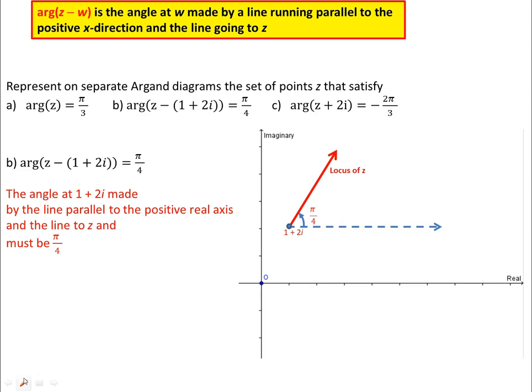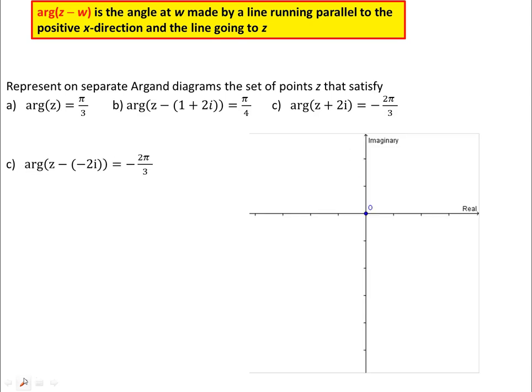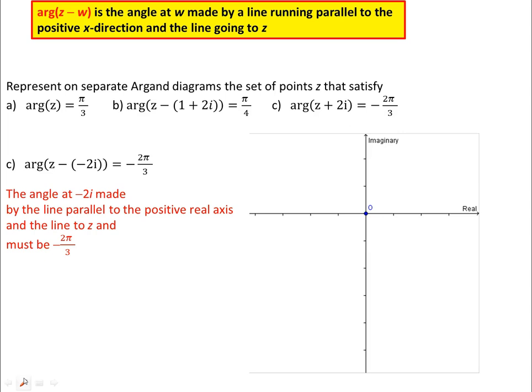And for the third example, we've got the argument of z plus 2i must be minus 2 pi by 3. Then we start by saying that means that the angle at minus 2i made by the line parallel to the positive real axis and the line going off to z must be minus 2 pi by 3. So we mark the point representing minus 2i.